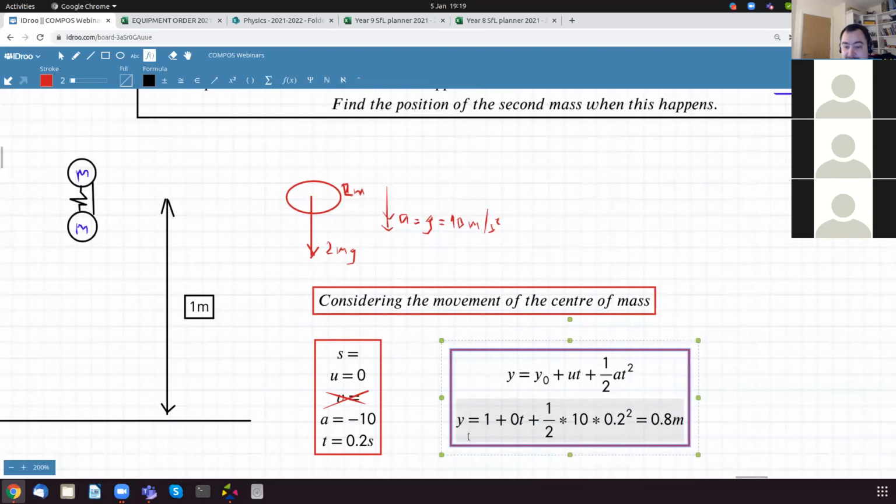So at the time when the bottom mass hits the ground, the center of mass is at position 0.8, because the center of mass falls freely under gravity.